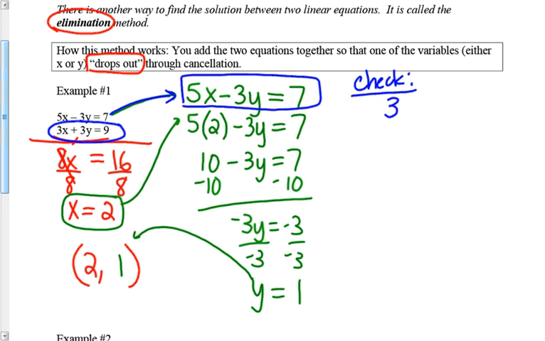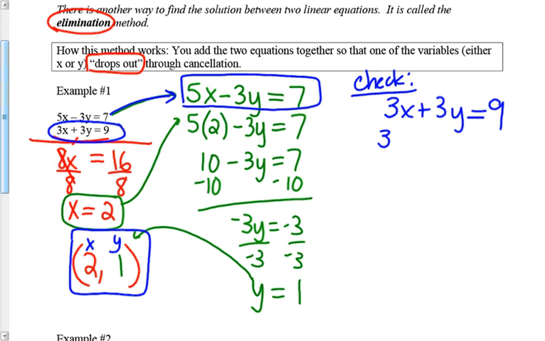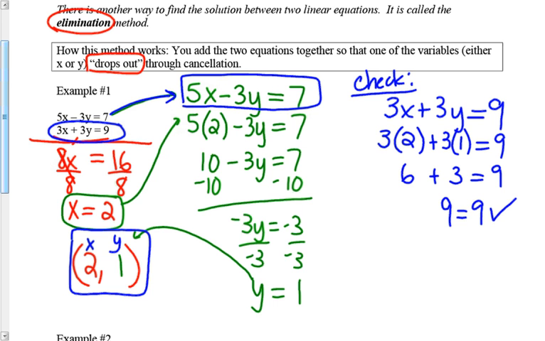So I'm going to write down 3x plus 3y equals 9, and you're going to take both the x and the y that you found. So this is your x, this is your y, and you substitute both in as a check. So 3 times 2 plus 3 times 1 equals 9. So 6 plus 3 equals 9. So 9 equals 9. There we go.